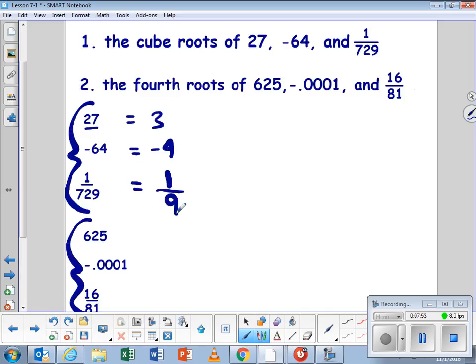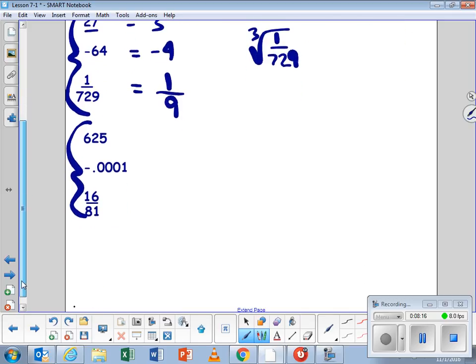Is there a way to find out in your calculator? Yeah. I go cube root, 1 over 729. Okay? But we're going to talk more about that in just a moment, because that's in this question that doesn't necessarily give all the answers. Okay? Let's move down here.